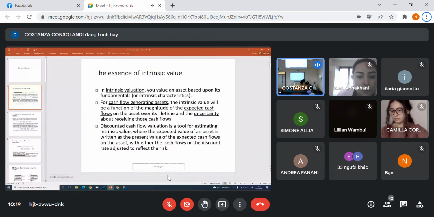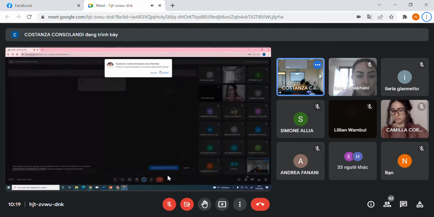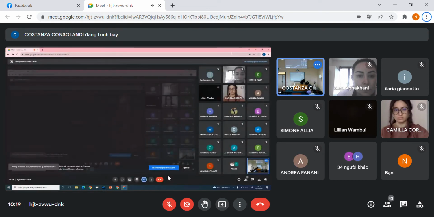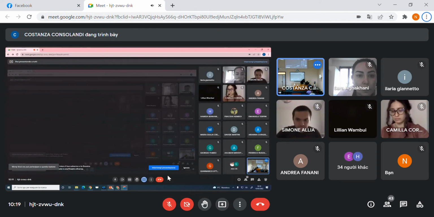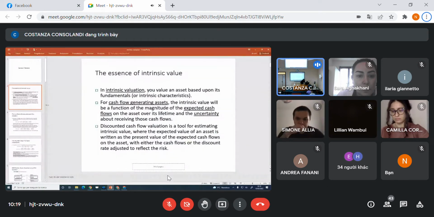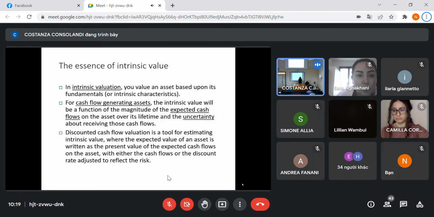So markets are not efficient, but at the same time, the market itself tends to adjust the value of the asset during time. So through discounted cash flow evaluation, through intrinsic valuation, what we will do is to find the value of the asset based on fundamentals. Okay, so we do not trust the market.